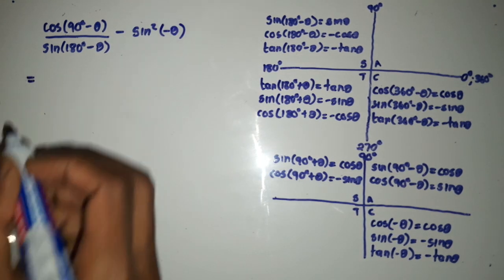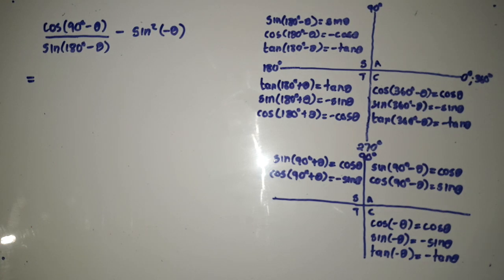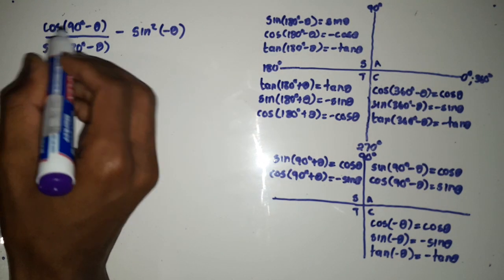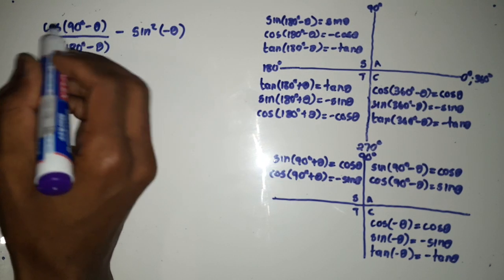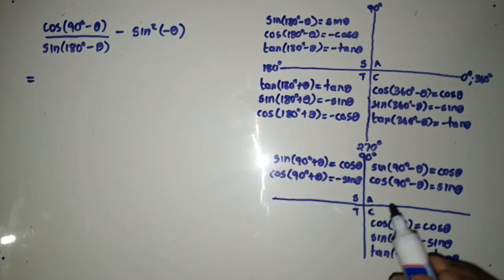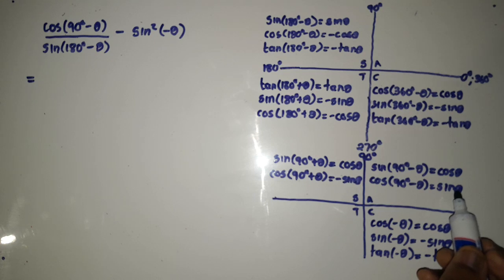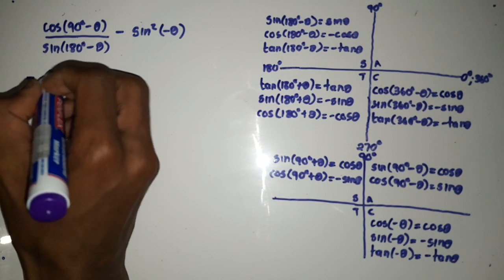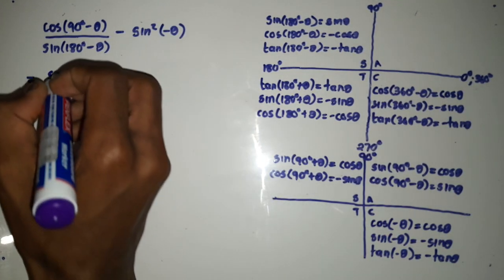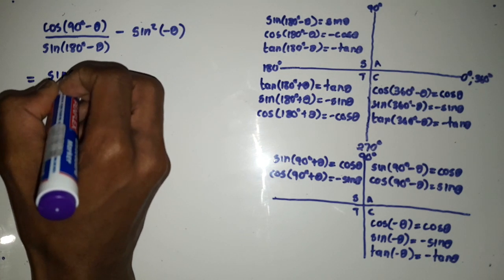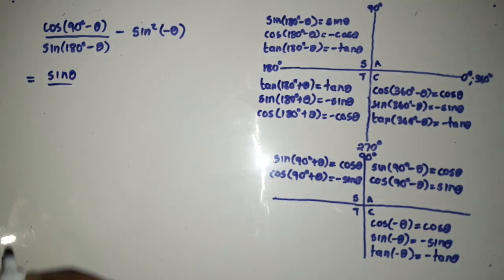See, let us try and solve this one. We have cos 90 minus, this is a cofunction. Cos 90 minus, we get positive sine. See, you need to know these things. Get positive sine like this.